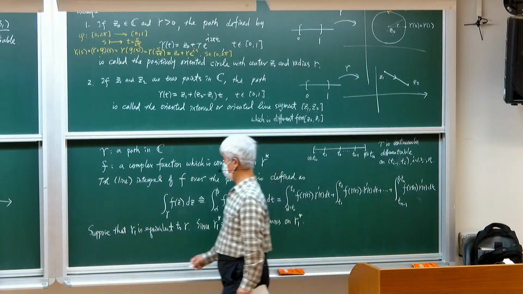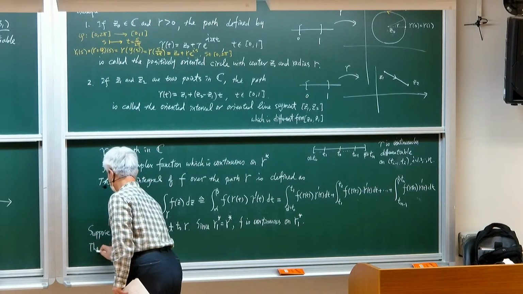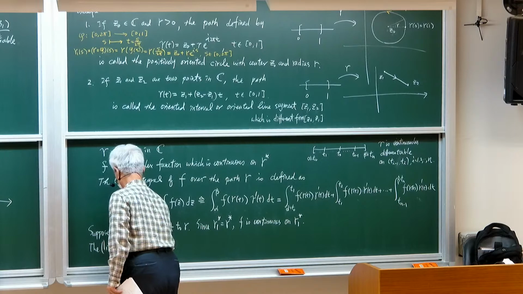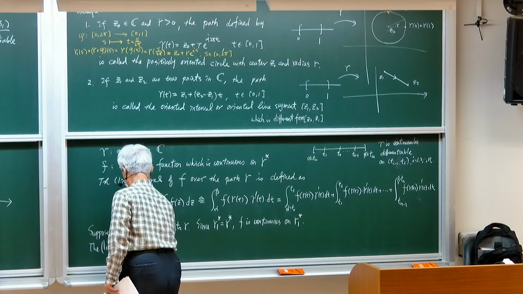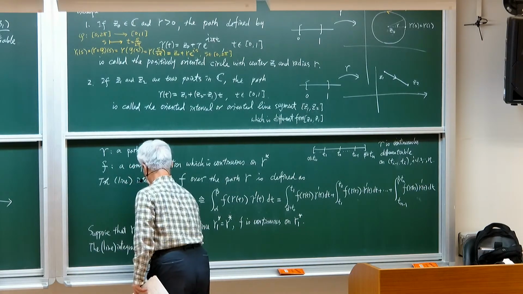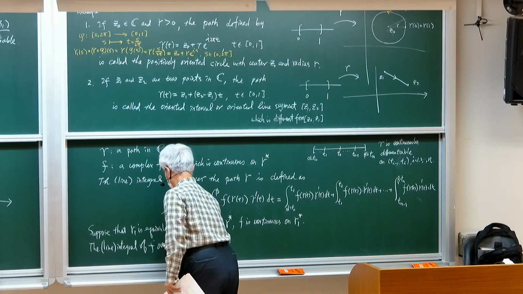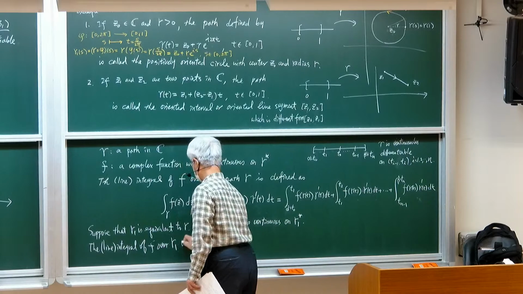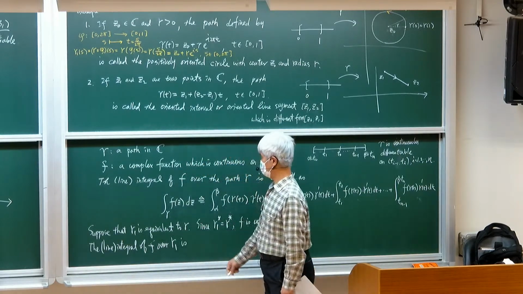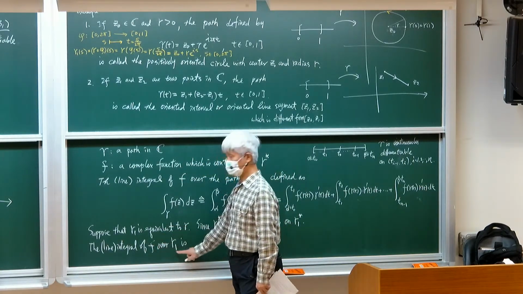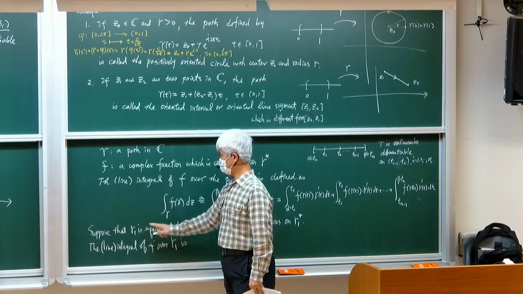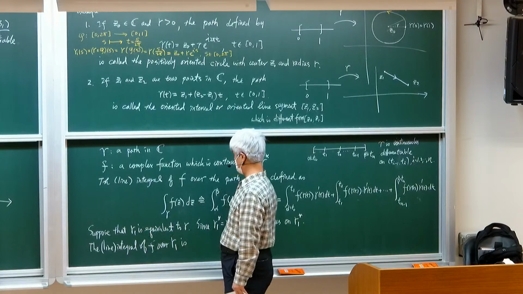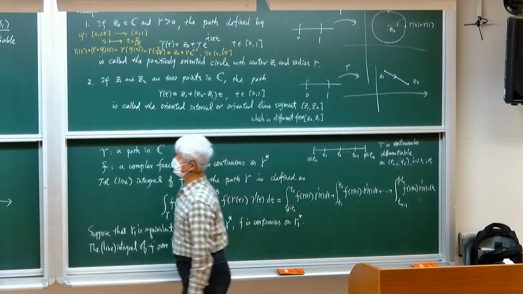And so now we compute the line integral of F over gamma 1. Gamma 1 is equivalent to gamma, we just assume that.